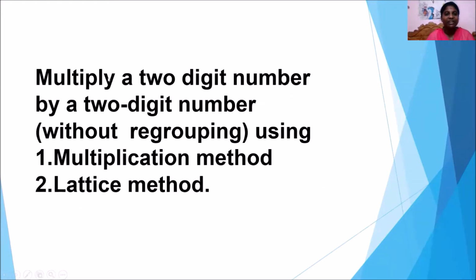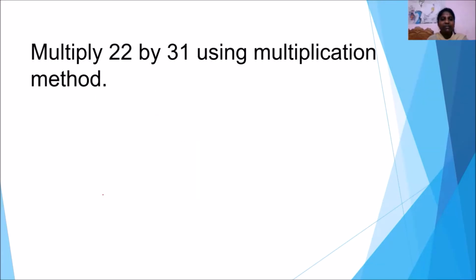Next we are going to learn how to multiply a two-digit number by a two-digit number without regrouping using multiplication method and lattice method. Here without regrouping means without carry. Come, let's see the first method, multiplication. Multiply 22 by 31 using multiplication method.